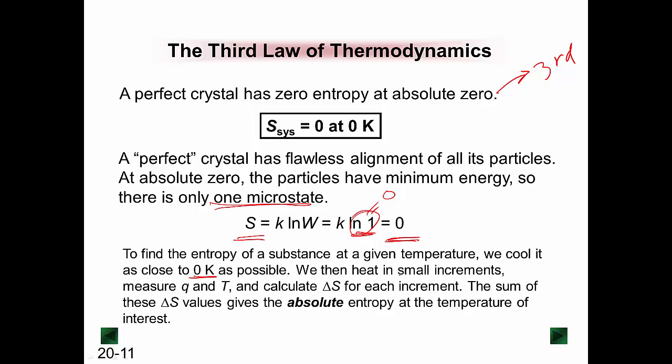We then heat in small increments, and we can calculate delta S from measurements of heat and temperature required to get to those higher temperatures. So the sum of our delta S values gives us an absolute entropy at a particular temperature of interest. So we can have absolute entropy values, although we will not have absolute enthalpy values. We have relative enthalpy values.